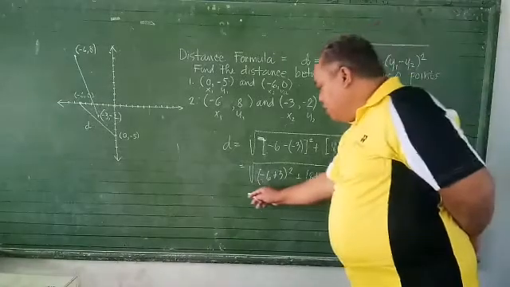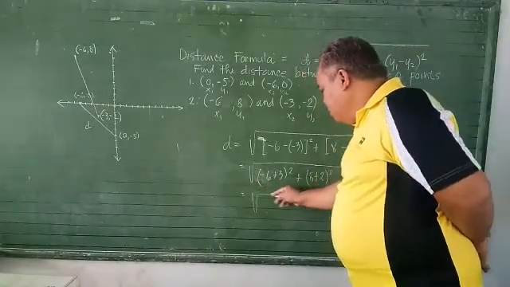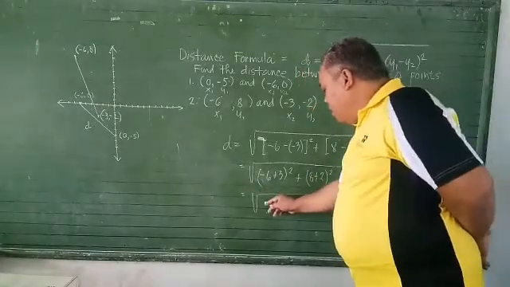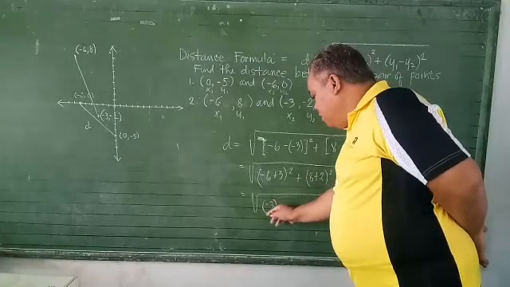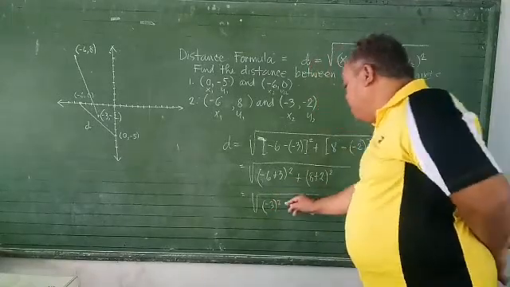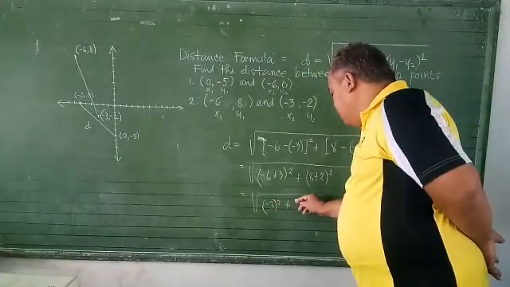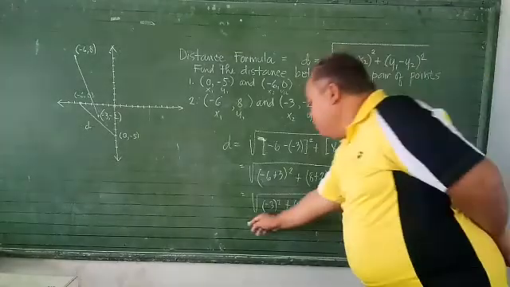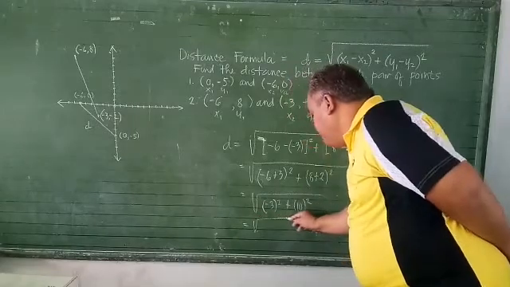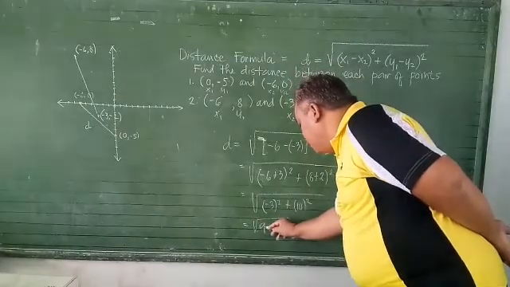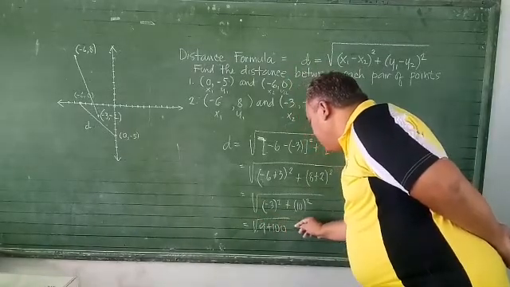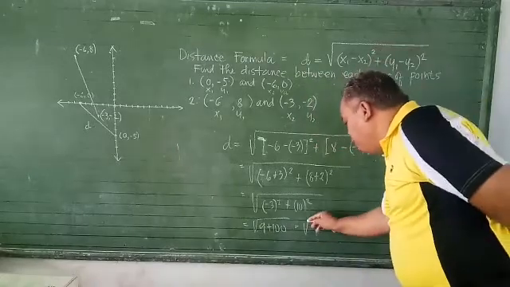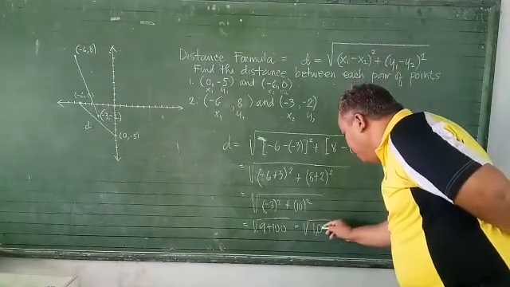So this is negative 3 squared and the other one is plus 10 squared. So this is the square root of 9 plus 100, the square root of 109.